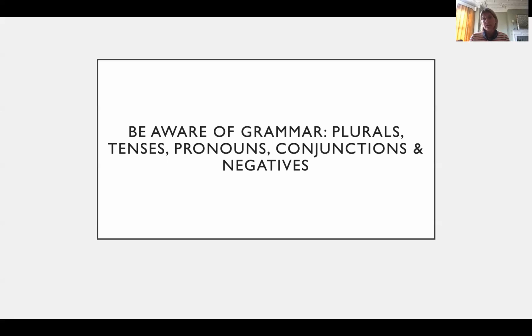It would be quite usual if we were sequencing some pictures to do with Goldilocks, or if I had some puppets, for example, to go through the story again, then I would say, and Goldilocks went for a walk in the forest, and Goldilocks found a cottage, and Goldilocks went into, and Goldilocks, and Goldilocks, so that every time it's quite common that I would use Goldilocks's name at the start of the sentence to clarify the subject of the sentence.